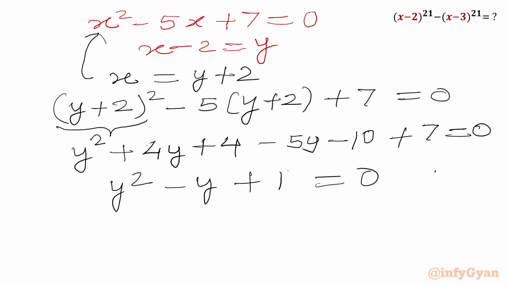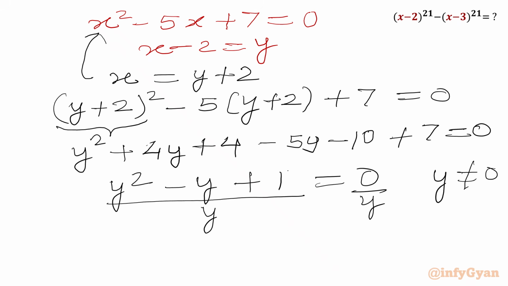Now for our equation, y cannot be equal to 0, so we can divide both sides by y. So if I divide here, I will write y minus 1 plus 1 over y equal to 0 over y, which is 0.